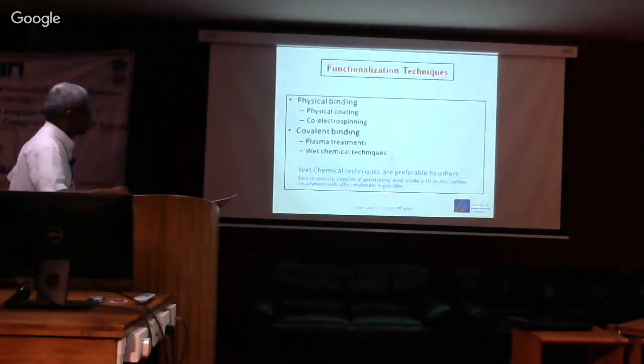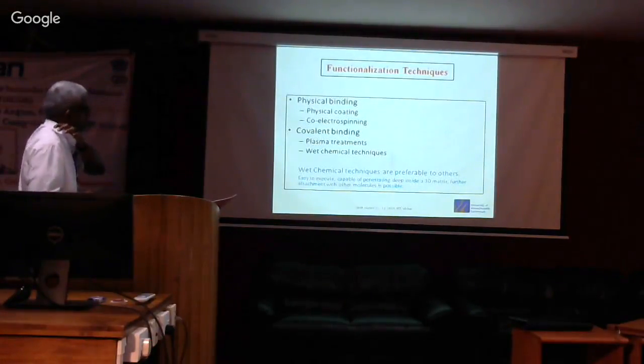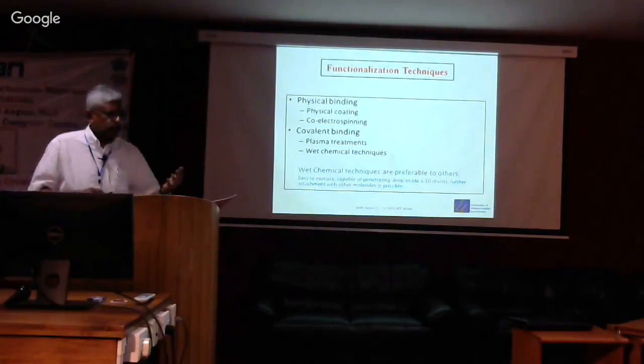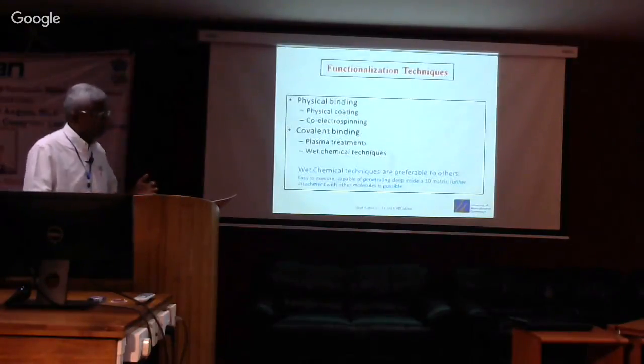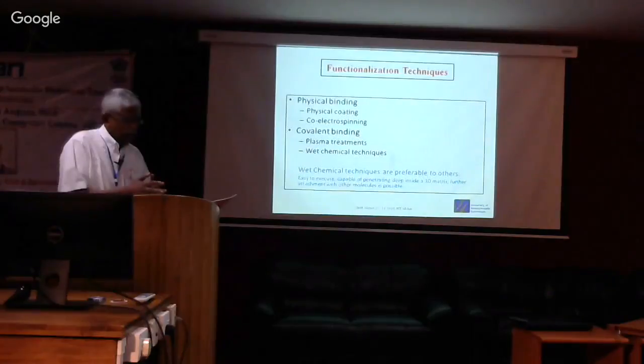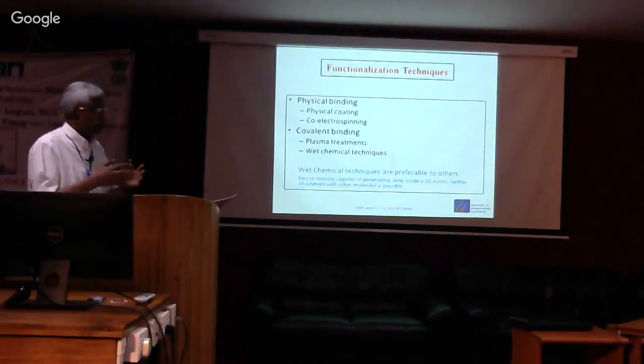So what we do is basically wet chemical techniques, and because we are looking at this scaffold for tissue regeneration, it's kind of a parallel research. The student who has now graduated was working on electrospun fibers.